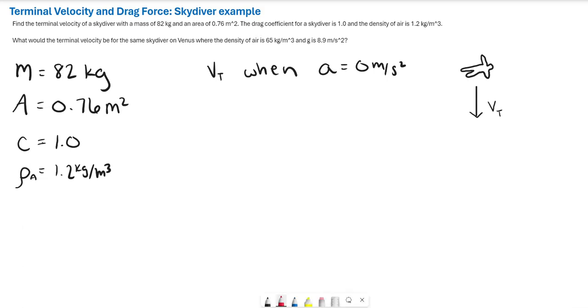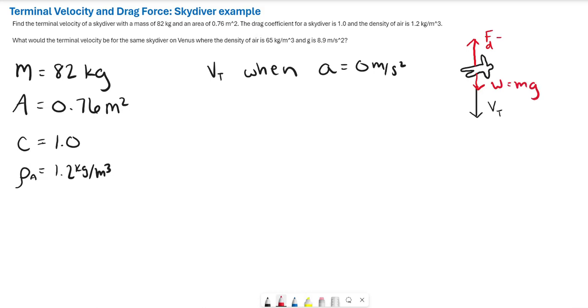So we have two forces here. We have the drag force, of course. This is an upward force, so it's opposing their movement, falling down. And then we have the weight, which of course is just mg.